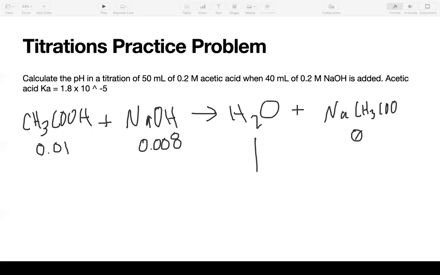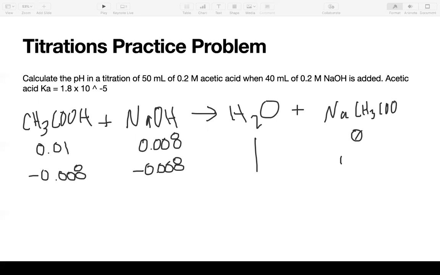So we know that the two are going to react, and we notice that we have less of our sodium hydroxide. So that one is going to be our limiting reagent. If they were both equal, then they would both be cut down to 0. But in this case, we can only subtract 0.008. We have to do that to this one as well.